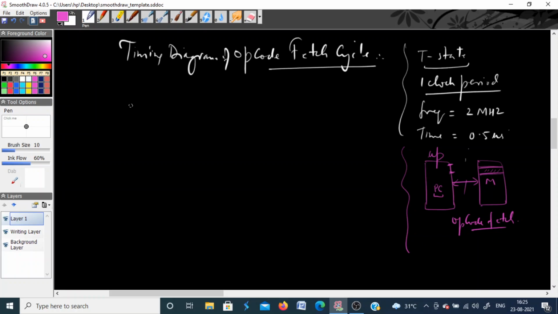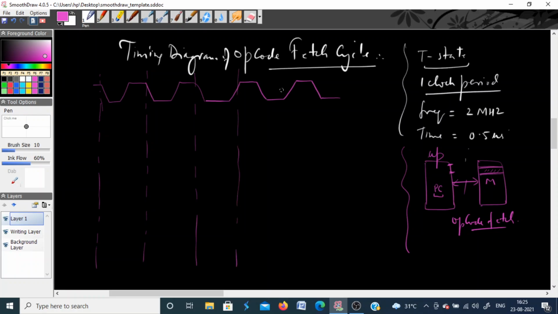Now we'll say we have the clock signal here. This is one clock time period. This is another clock period.